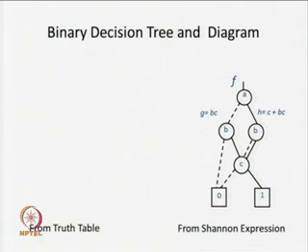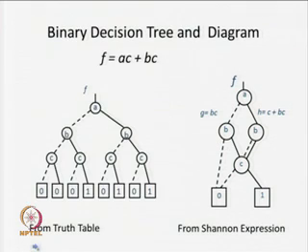Now, you just see what we have got. We are taking the function F is equal to AC plus BC. From the truth table I get this diagram, which is the BDT, basically binary decision tree. And by using the Shannon expansion I get this diagram, which is the BDD, binary decision diagram.